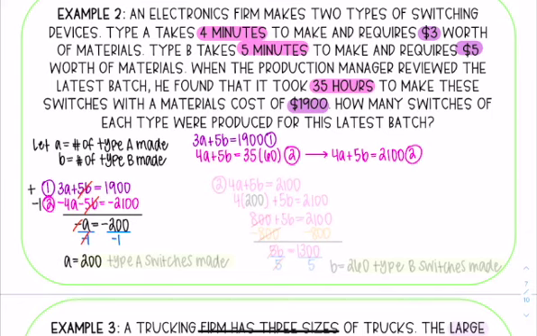Now A was the number of type A that were made. So there were 200 type A switches made. Now we need to figure out B. Doesn't matter which one I plug into, I am going to plug into equation number 2 though.